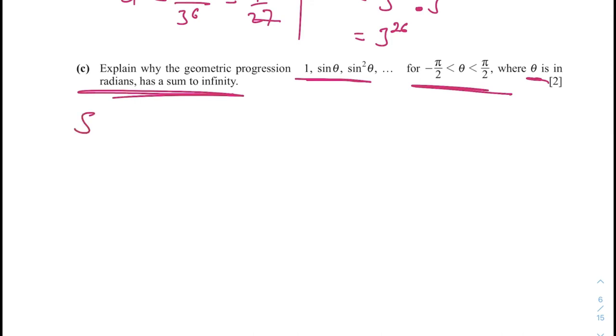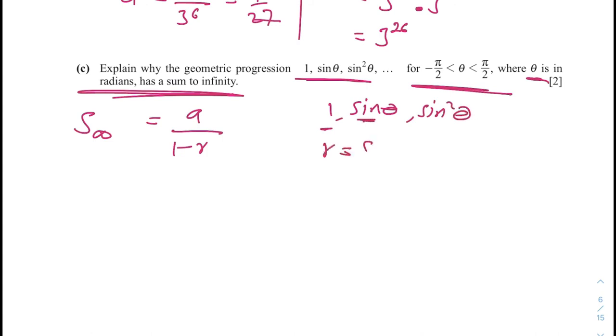Remember that the sum to infinity of a GP is a over 1 minus r. Okay? Now, from this sequence, your common ratio is this term over that term, right? So r is sine theta over 1, giving us sine theta. And the first term is also 1, so it changes to 1 over 1 minus sine theta.